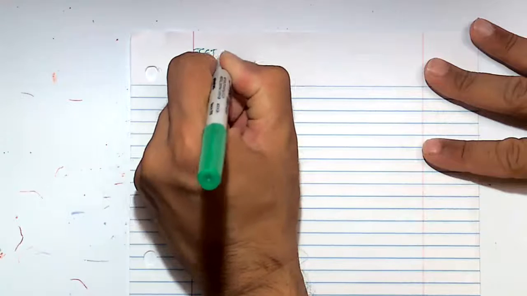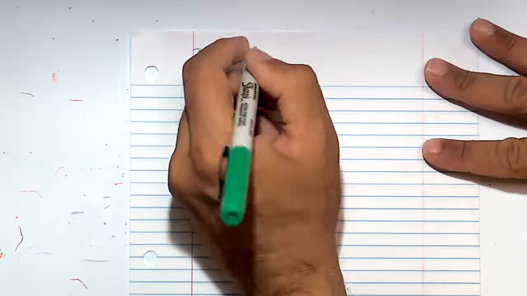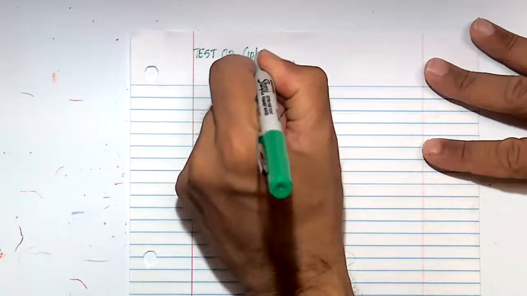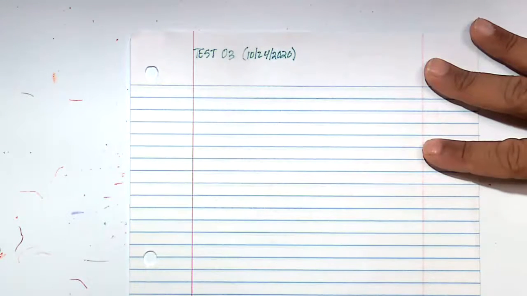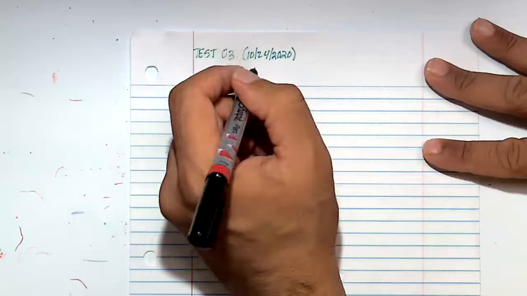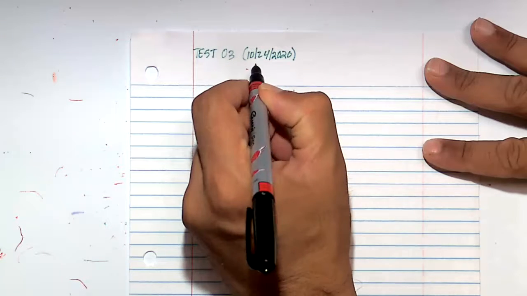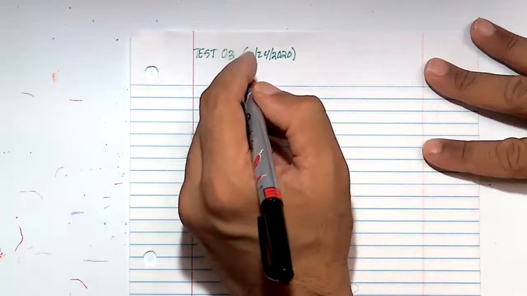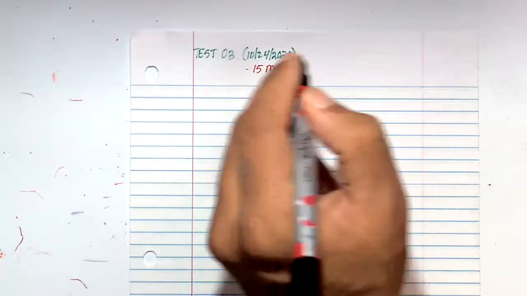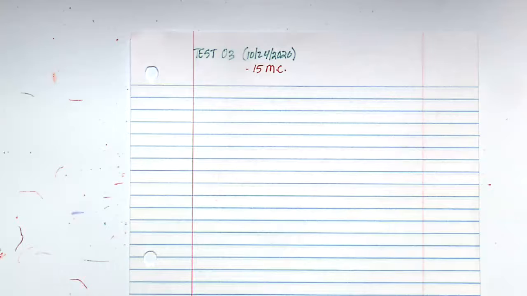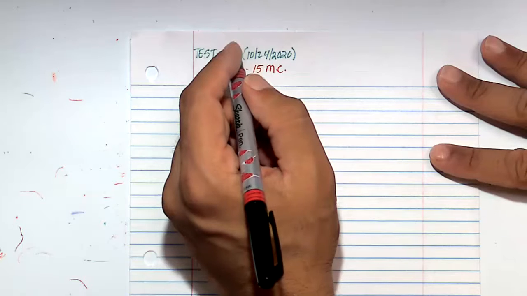But test 3 is going to be this Saturday, and that's the 24th. There's a thing that's going to open up this Saturday. That's 15 multiple choice questions. It's going to be open all day. Once you log in, you have about 2 hours or 2.5 hours to do the 15 multiple choice questions.